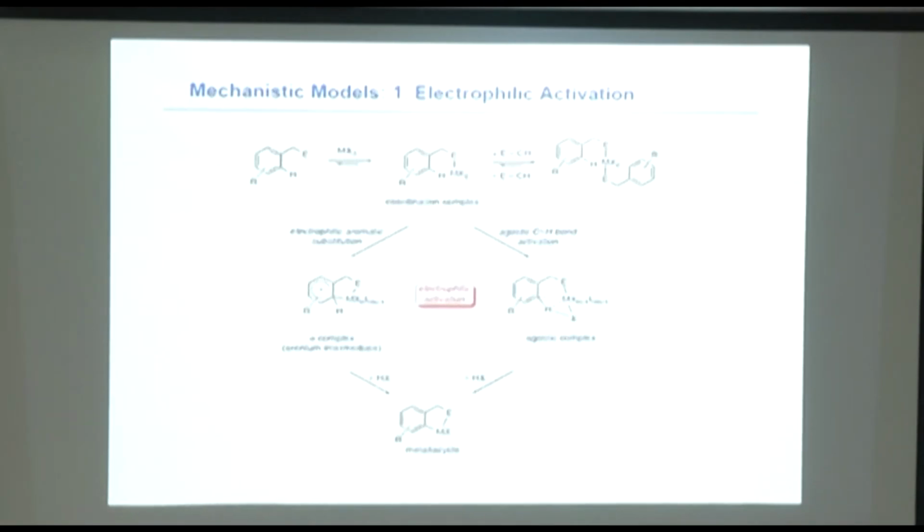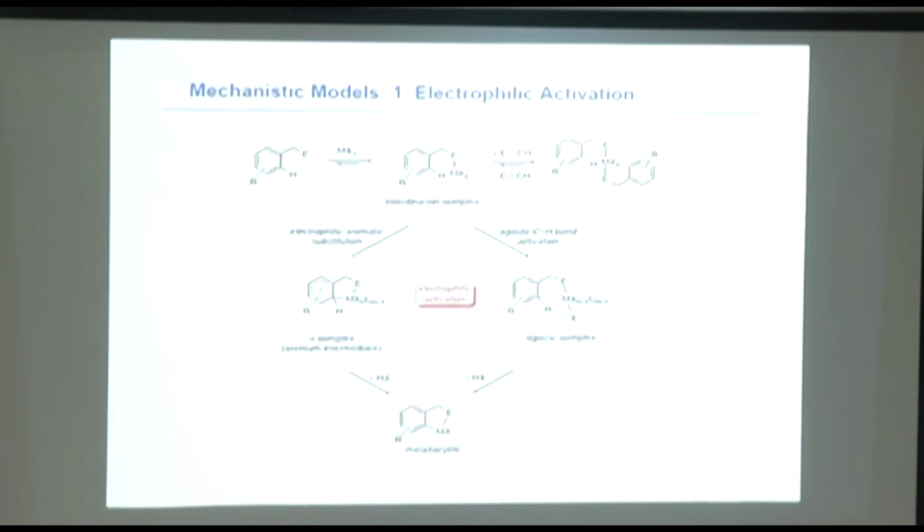And then in a second step, this metal is now close to the CH bond to be activated and can start interacting with this bond and close the metallocycle. There are two pathways, typically actually three, to close that metallocycle. These pathways depend on a number of factors.